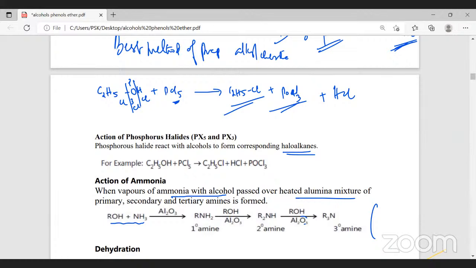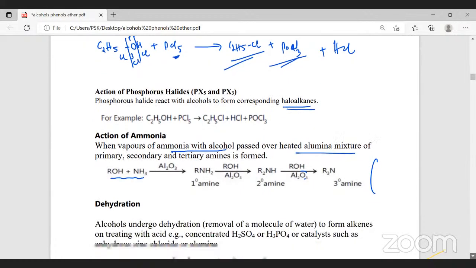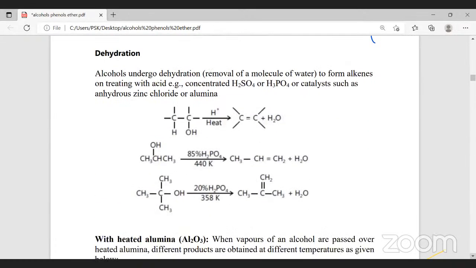Now, one of the mechanisms we have to learn: dehydration is removal of water. Alcohols undergo dehydration to form alkenes on treating with acid.